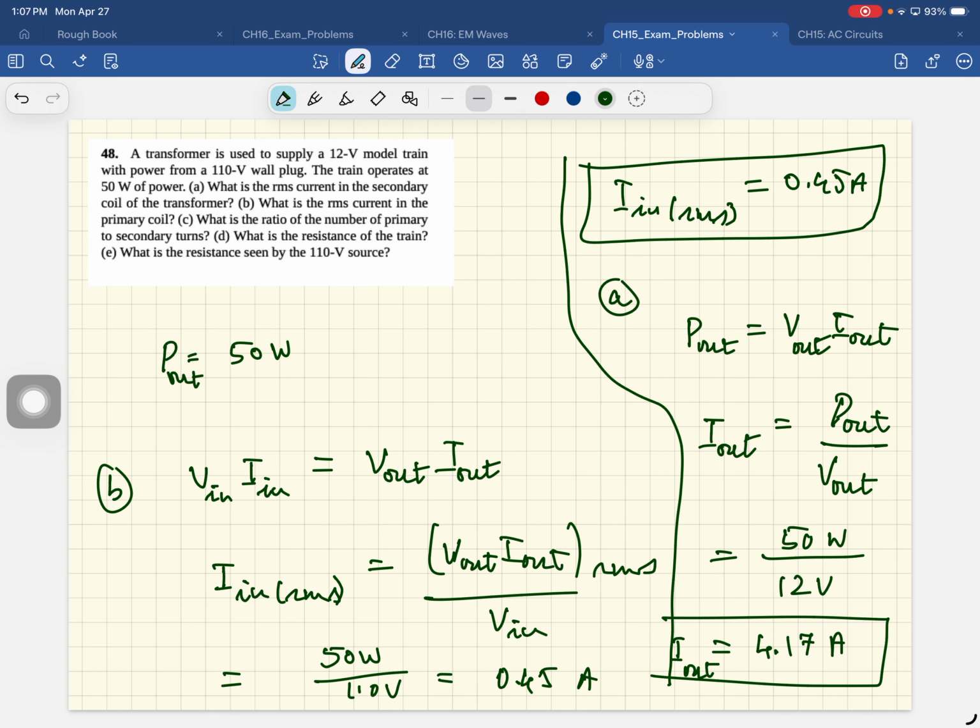Okay, so this is part A, B, then C. What is the ratio of the number of primary to secondary turns?